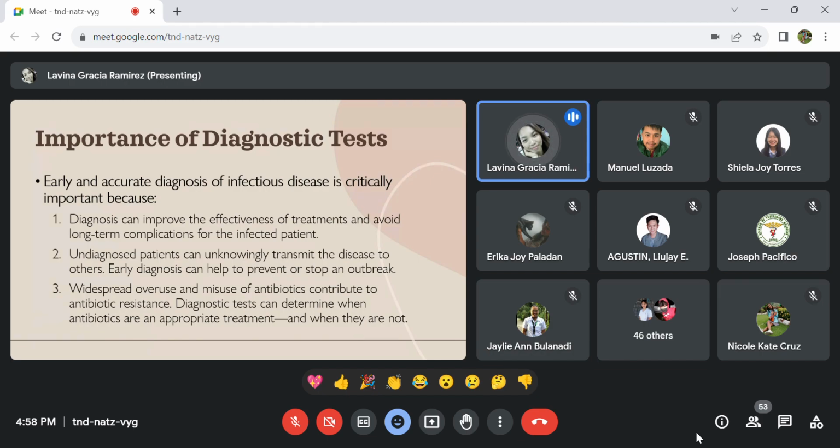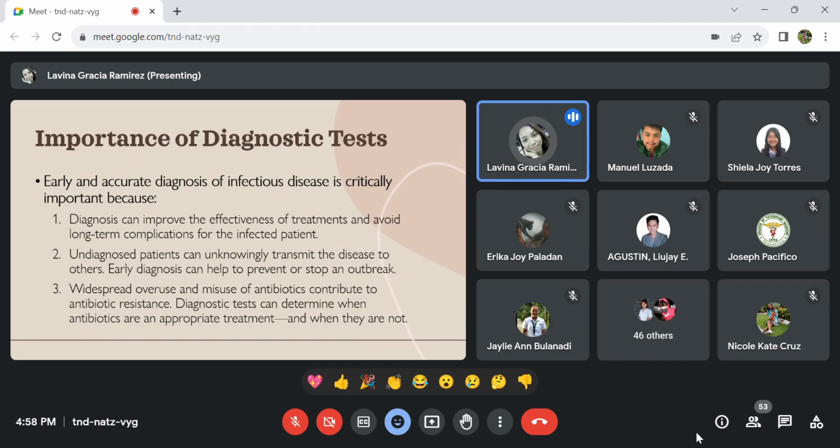That's why in the early stages we have different diagnostic tests to screen. Earlier, in the proposal presentations, we had this screening technique or screening test to know whether the animal has the disease. With that, you can prevent or control the possible spread. Okay, so widespread overuse and misuse of antibiotics contribute to antibiotic resistance.